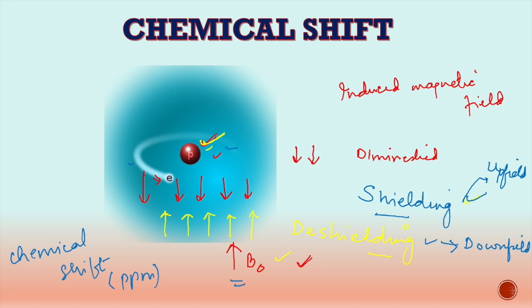Now, since shielding and de-shielding arise from the induced secondary fields, that means the induced magnetic fields, the magnitude of the chemical shift is proportional to the strength of the applied field, or what is equivalent, proportional to the radio frequency; the field must match.